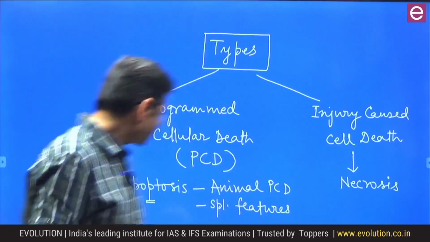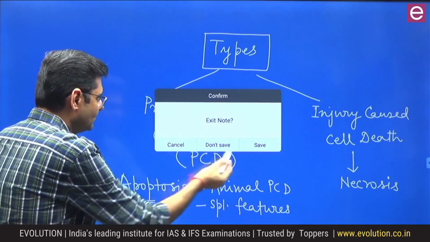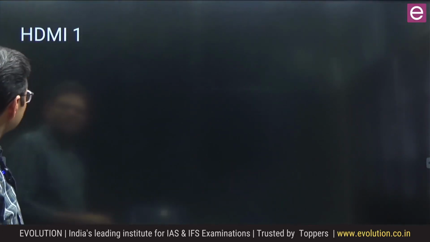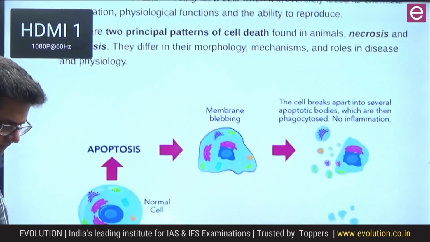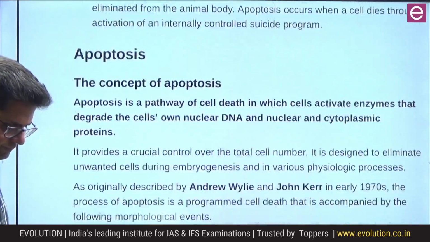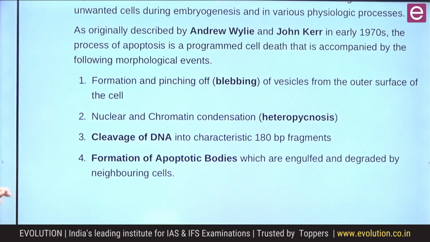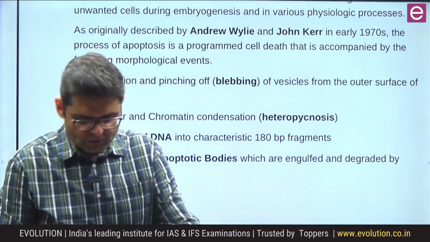Let's go back to our slide. Yes, we are back to our slide. Now see, these are the four things which will always happen in a cell that is going through apoptosis.